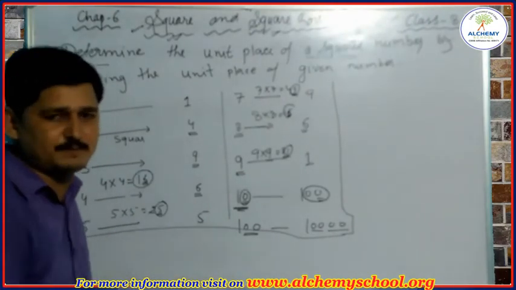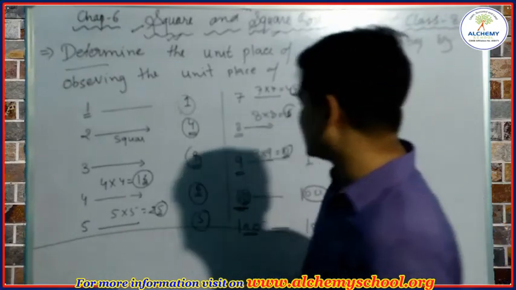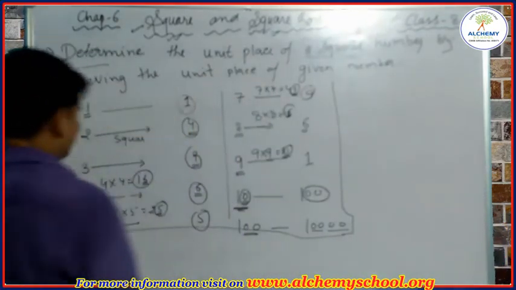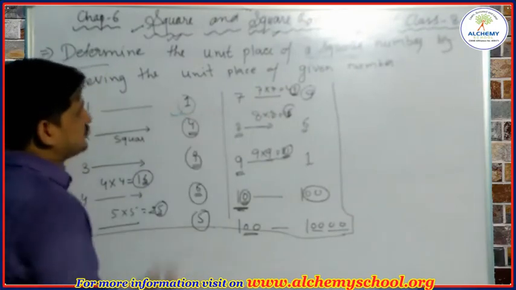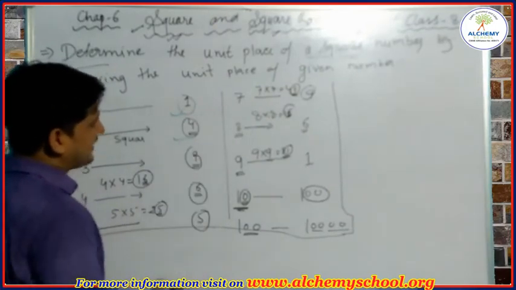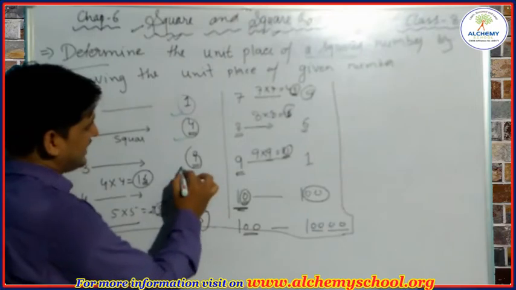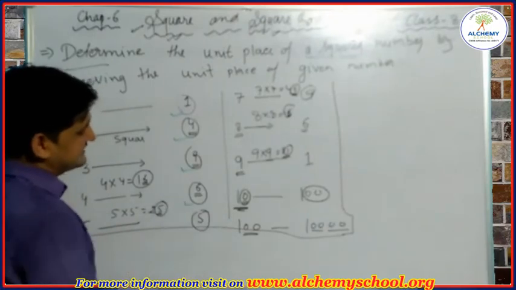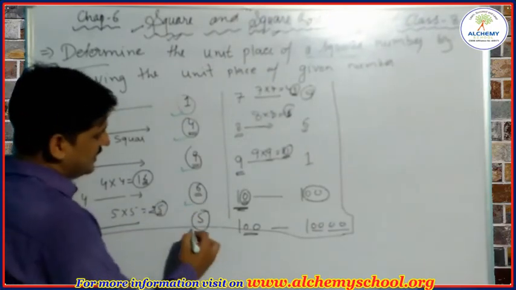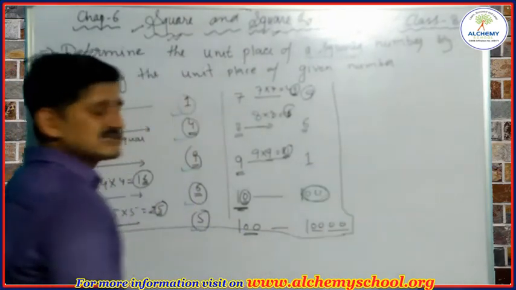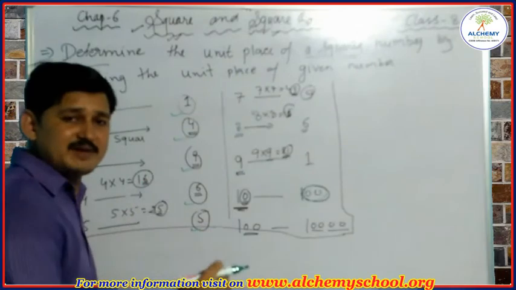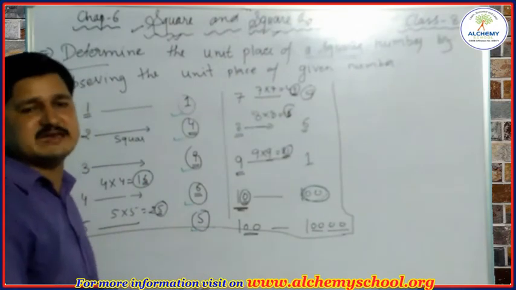Now when we observe the unit place of the given numbers, if there is 1, if there is 4, if there is 9, if there is 6, if there is 5, or if there is 0, it means the number may be the perfect square of any number.